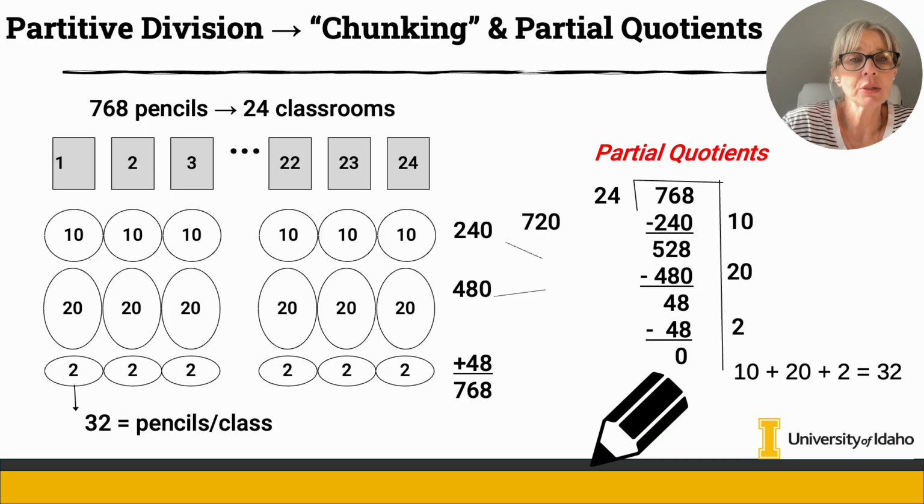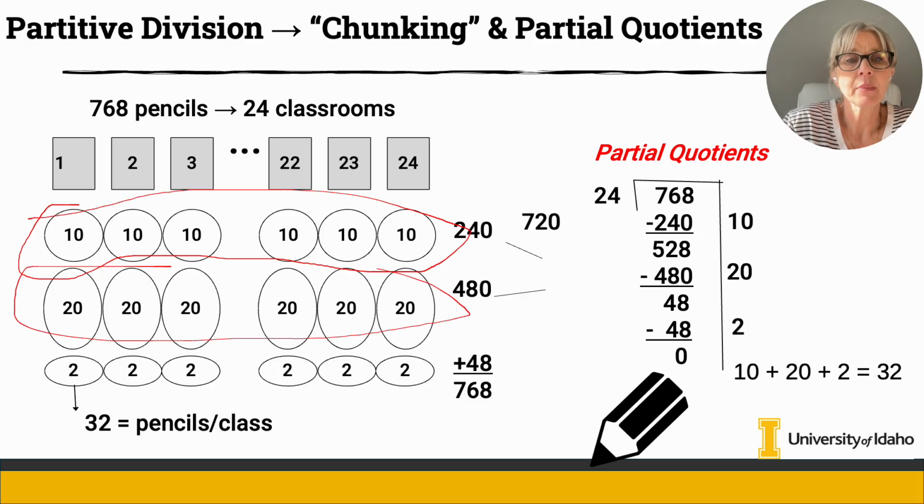So here's where we're at. Everybody gets 10 pencils. Let's give 20 pencils to every classroom. Okay, that leaves 48 pencils left. Adding up those, we've given 32 pencils to each classroom. There's our 32.